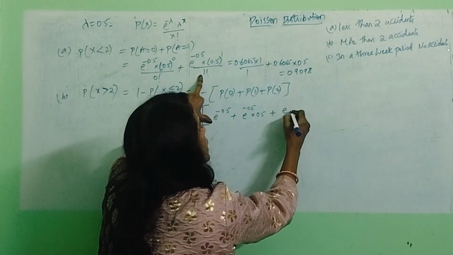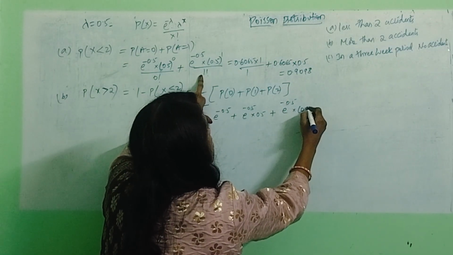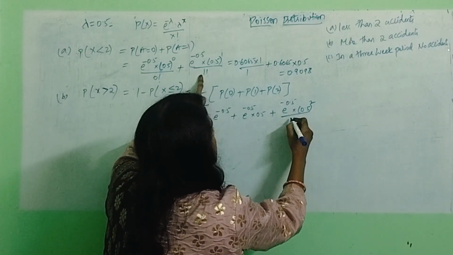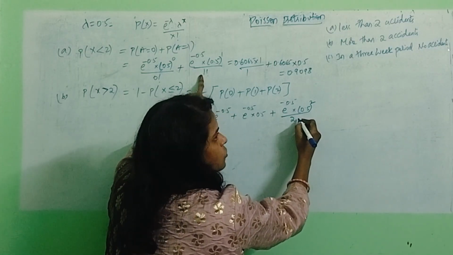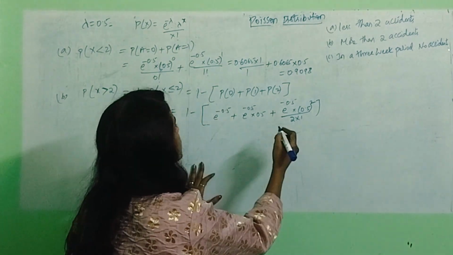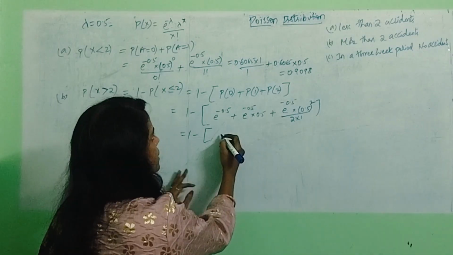P of 2 is e power minus 0.5 into 0.5 to the power 2 by 2 factorial. 2 factorial means 2 into 1.